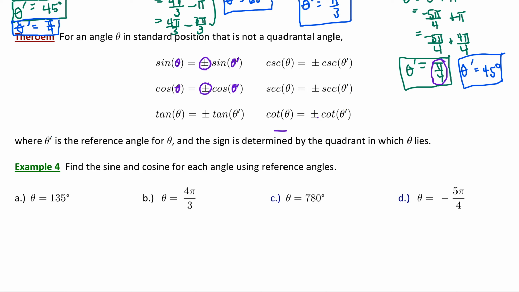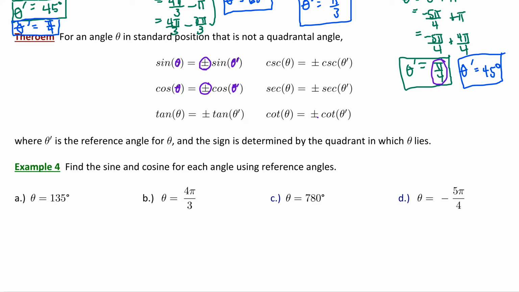So the idea is that the trig function evaluated at the original angle theta is going to have the same absolute value as the trig function evaluated at the angle theta prime. We will choose the correct sign based on the location of the angle, in which quadrant it lands. So theta prime is the reference angle for theta.